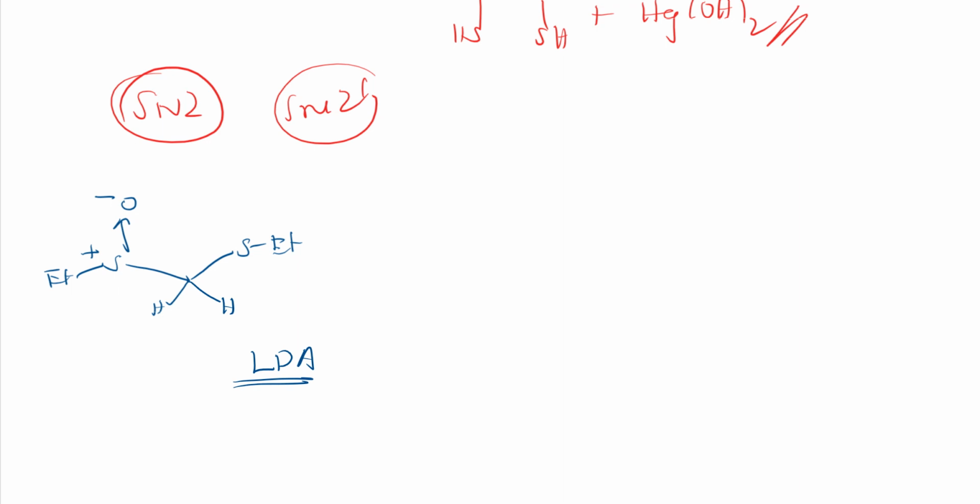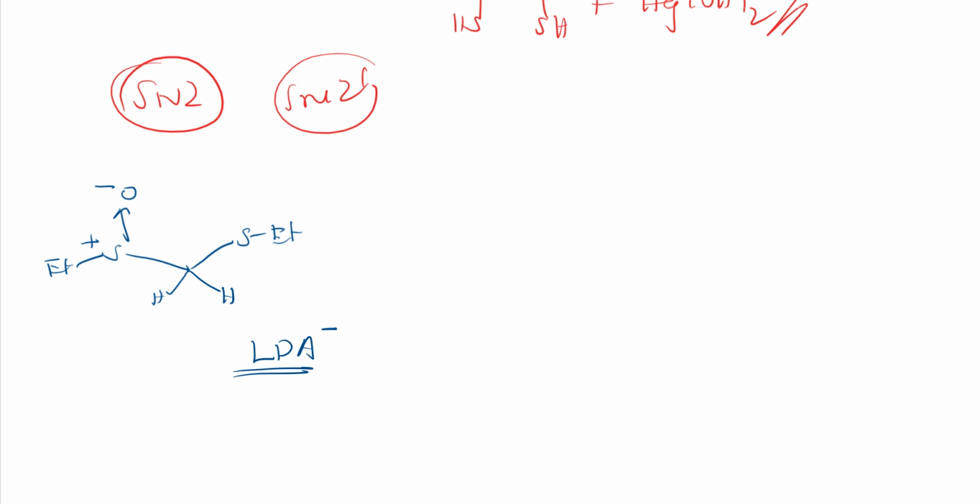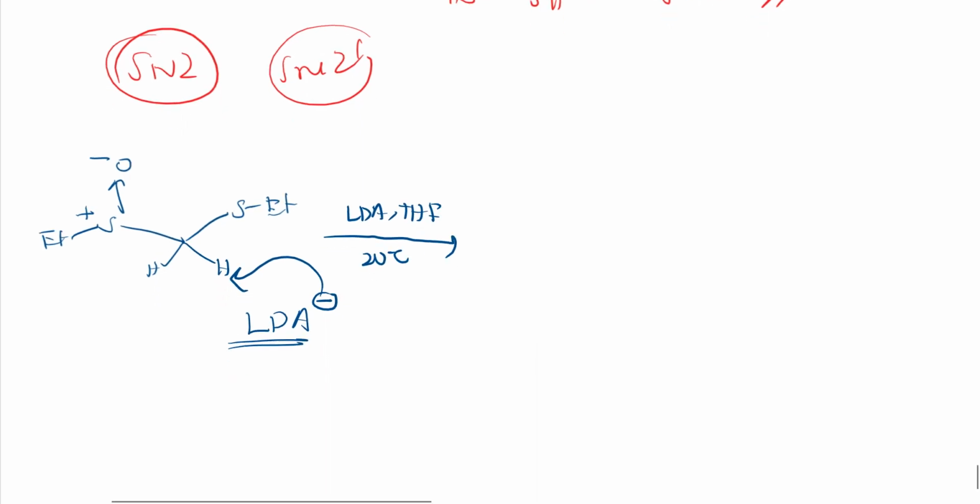If you see that, it acts as a base, so it will take this proton, right? So how we add LDA: in presence of tetrahydrofuran we add at minus 20 degrees Celsius. So the reaction will go, I have told it acts as a base and it takes that proton, so this carbon gets negative charge.